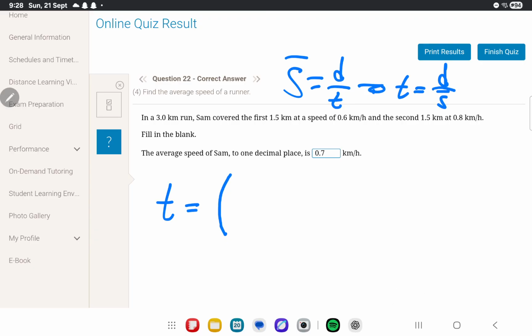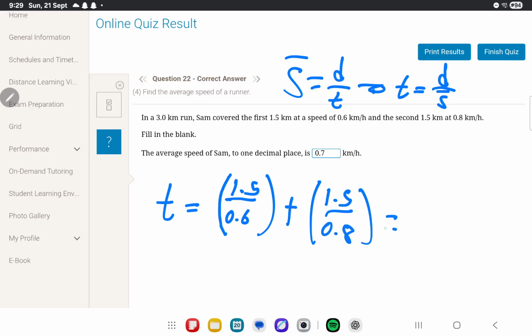So what's the distance here? 1.5 kilometers, and the speed 0.6 over the first interval, plus the second interval, 1.5 over 0.8. I'm just taking them into these two intervals, as they told me to.